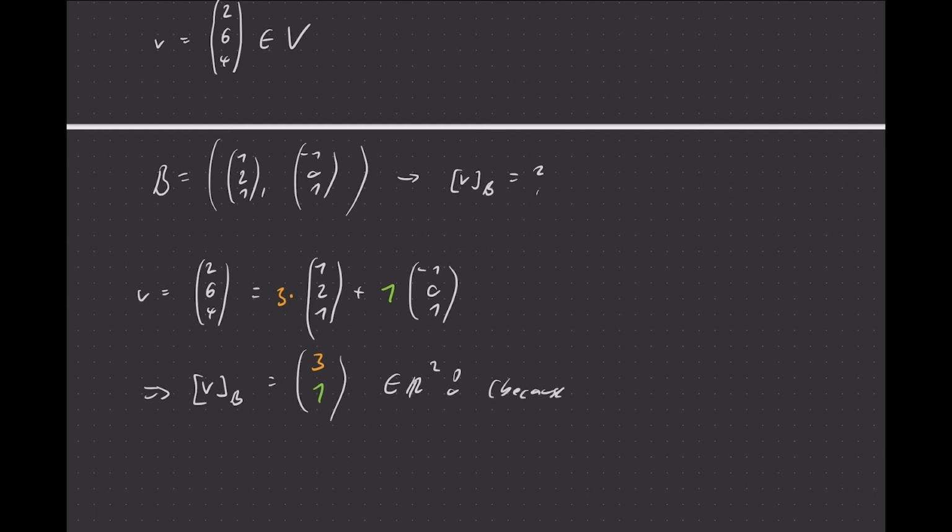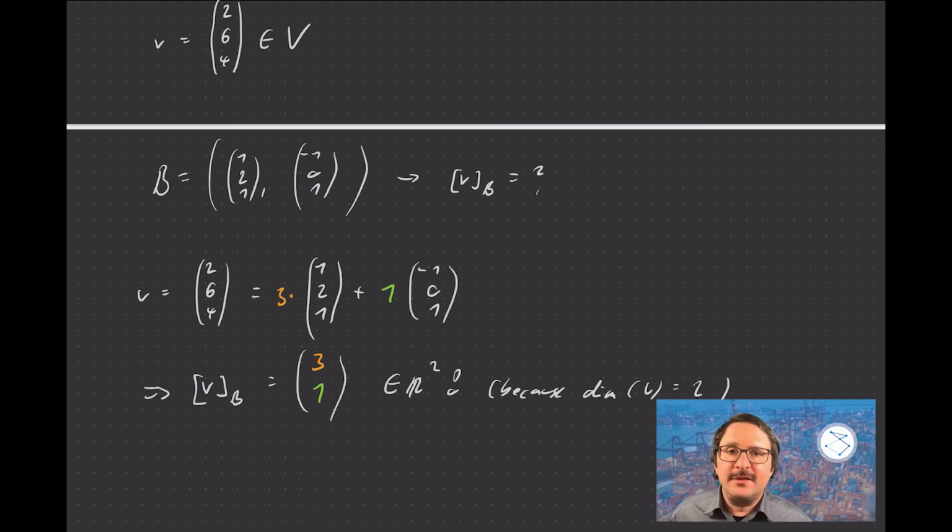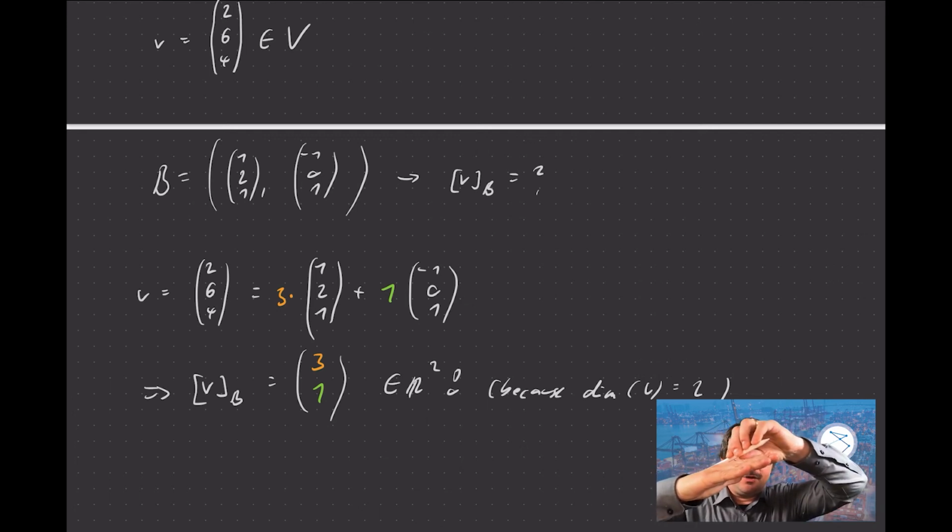And that's because the dimension of V is 2. Even though V is embedded in a higher dimensional space, in R to the 3, this V can be described by just 2 coordinates. So the idea is basically you have a plane in R3 somewhere, and then there's a coordinate system that lies in that plane. And of course, within the plane, you only need one axis like this, one axis like this.